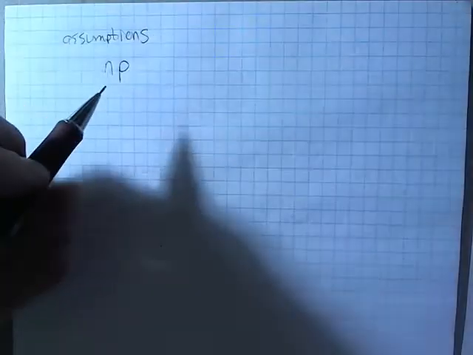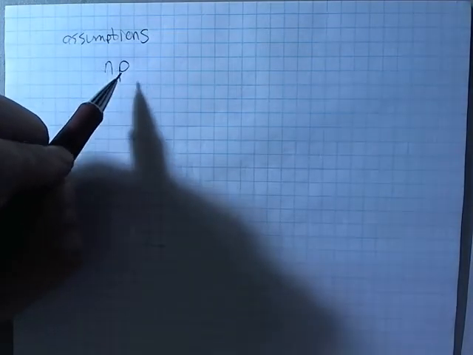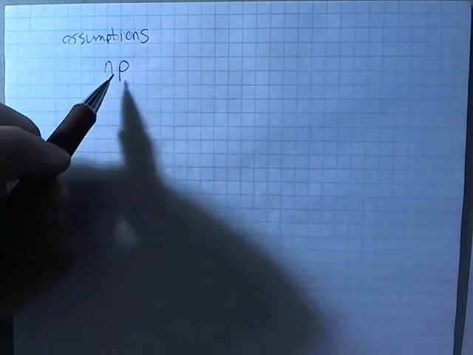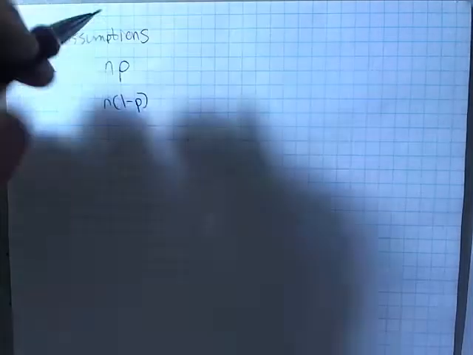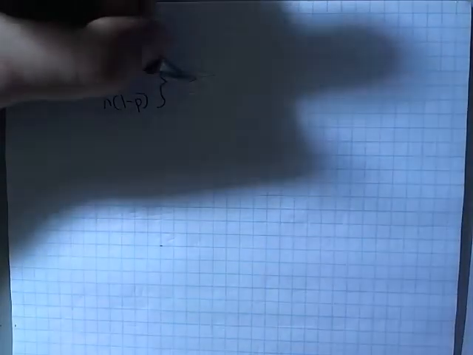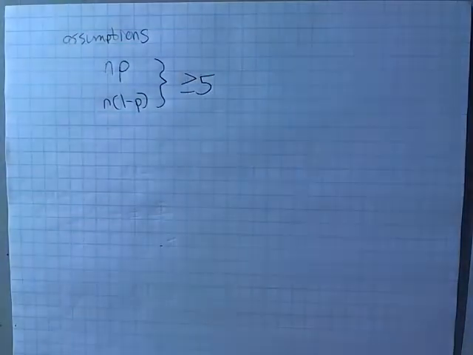Now, the assumptions still need to be met in order to assume approximate normality, but in this case, those assumptions are going to be that both n multiplied by p, where p represents the sample proportion of success, n times p and n times the complement of p, both must be 5 or higher.